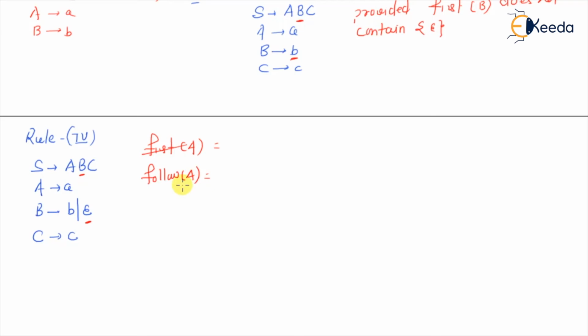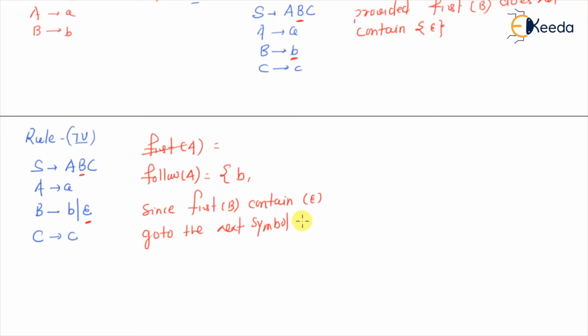So what I will do, follow of A is equal to, I will put here B, and I'm making a statement over here, since first of capital B contains epsilon, go to the next symbol and repeat the process.